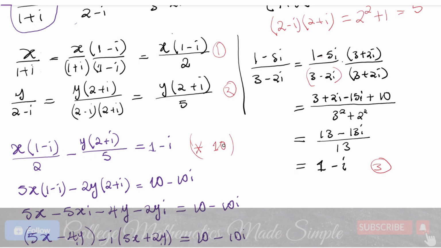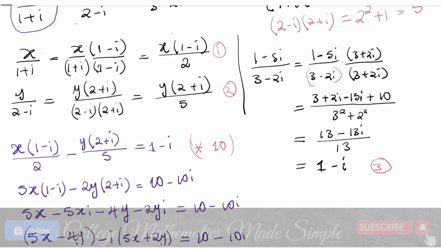If I do so, 2 into 10 is 5, so I multiply this expression by 5. So that is 5x on 1 minus i, minus, again, 5 into 10 is 2, so I multiply that by 2. So that is 2y on 2 plus i is equal to 1 minus i multiplied by 10, which is 10 minus 10i.